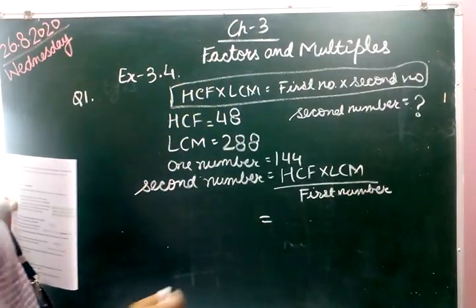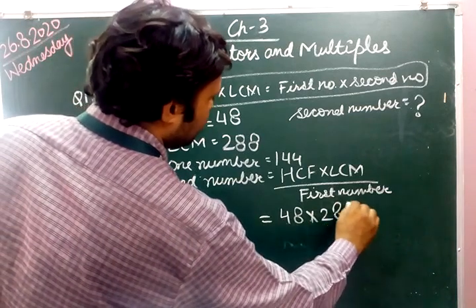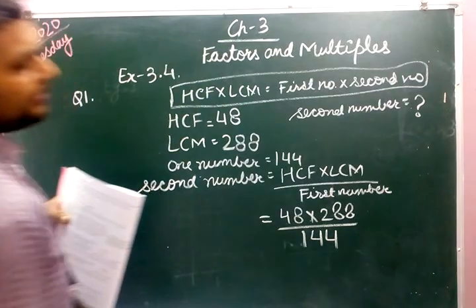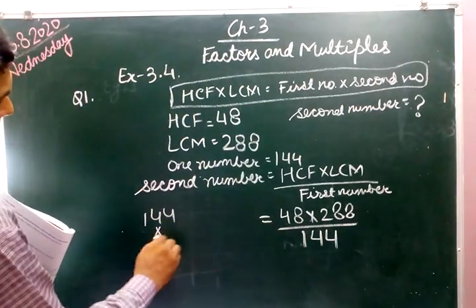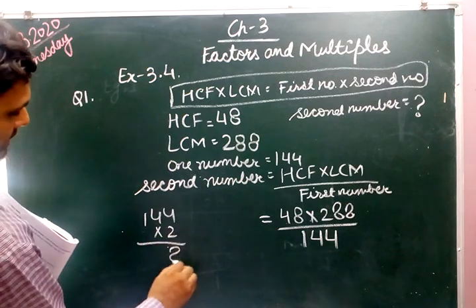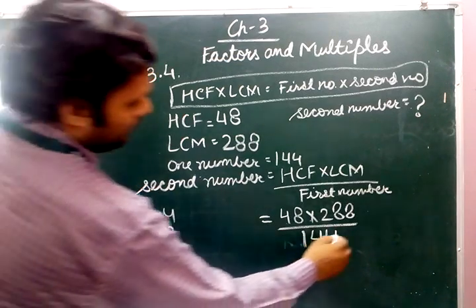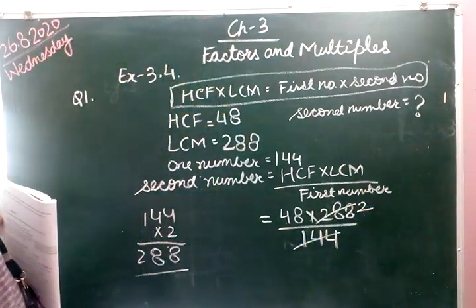HCF is 48, LCM is 288, divided by 144. 288 divided by 144 is two times.